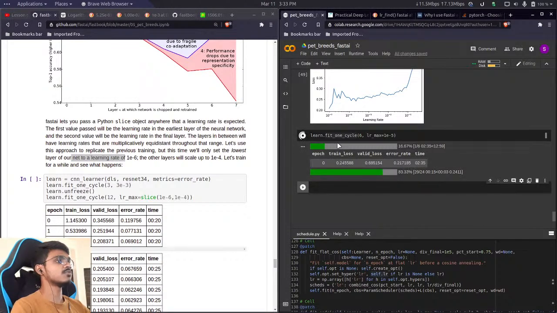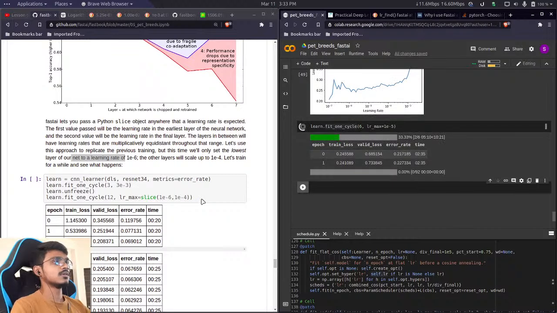Our previous model is still learning. Learn is equal to CNN learner, with the data set and the resnet34 architecture remaining the same as well. Now we are fitting it for one cycle for 3 epochs, and we pass 3e-3 as the learning rate.